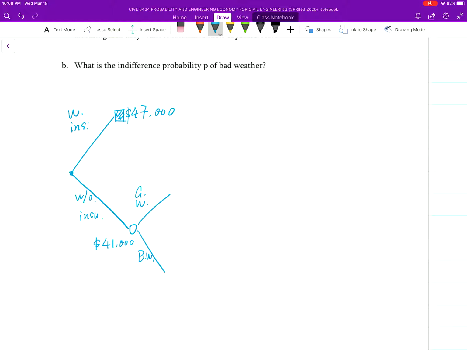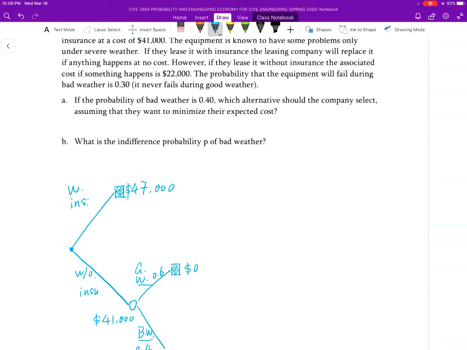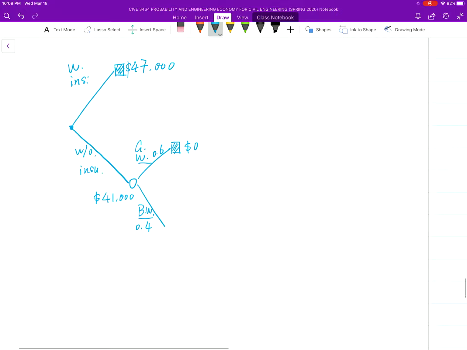Good weather, the chance is 0.6, and bad weather, the chance is 0.4. If it's good weather, no actual cost will occur, because the equipment will never fail during good weather.